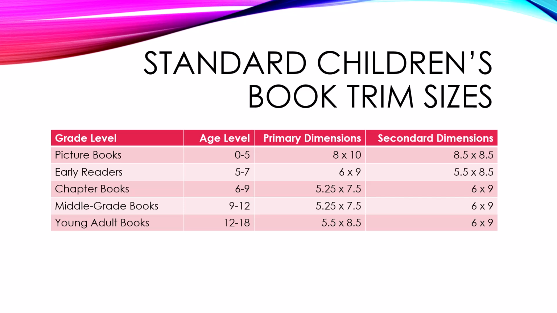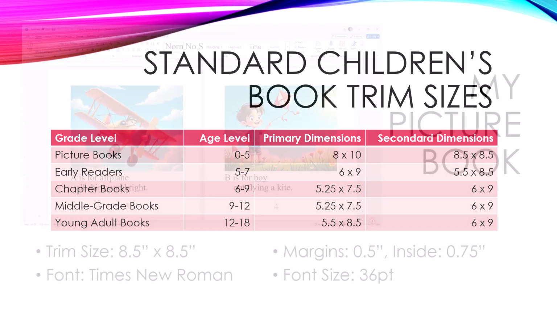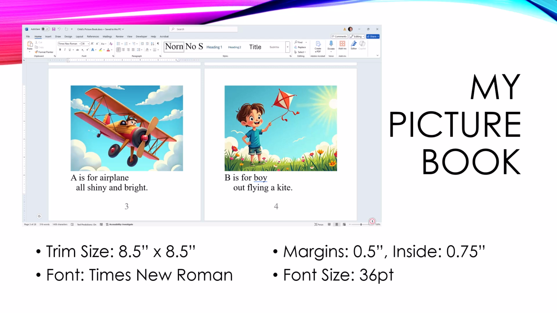And what I found is that in my publishing, I came out with a children's picture book, and I used 8.5 by 8.5 square. It's non-standard according to Amazon, so it's not going to get the extended distribution, but I went the heck with it. This is a common children's book format, and I'm going to use it.